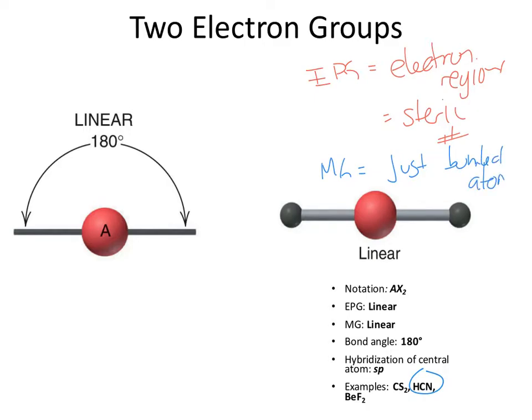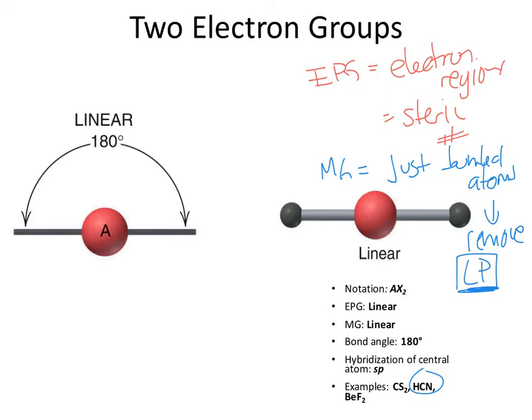So we actually remove the lone pairs. But what we don't remove is the effect of the lone pairs on the bond angle. We don't show the lone pairs, but we show the effect that they have. As we said before, as you add more and more lone pairs, the bond angle between the atoms becomes smaller, so we will show that in terms of a degree number. Now we are going to be talking about hybridization a little bit later.